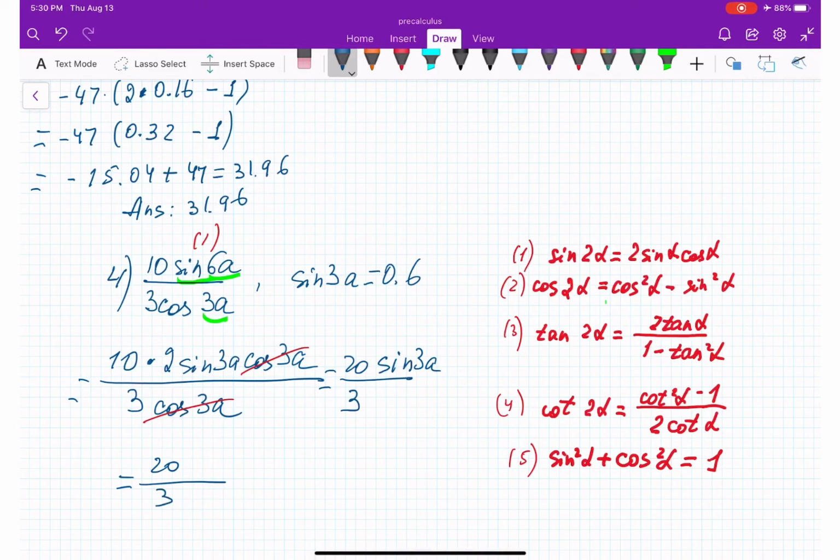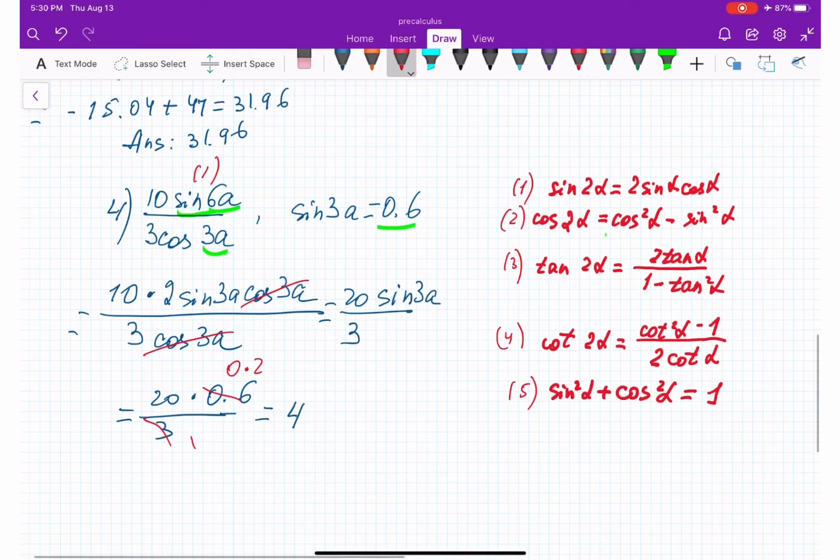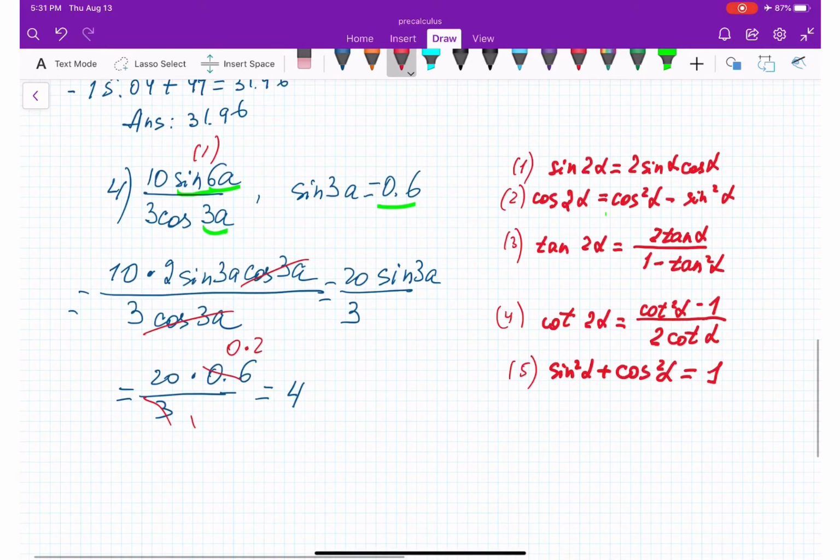Sine 3a is equal to 0.6. So times 0.6. And the answer is going to be 4. Why? Because 3, it's going to be 1. Here it's going to be 0.2. 20 times 0.2, you get 4. So the answer is going to be 4.